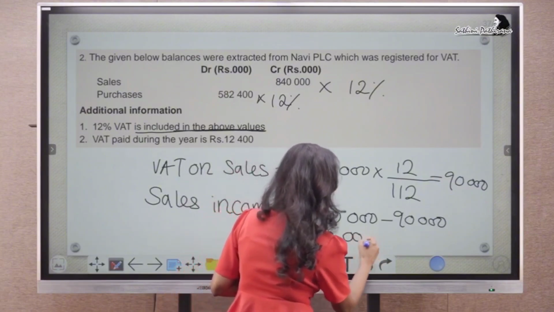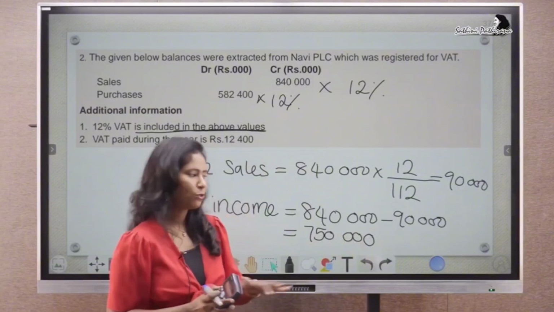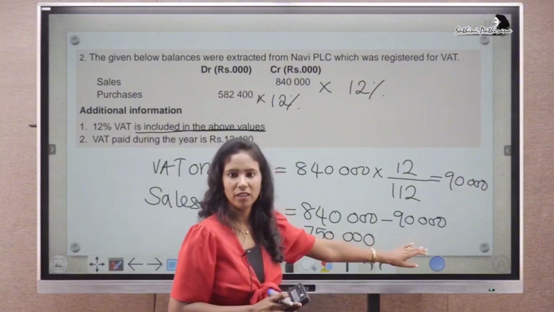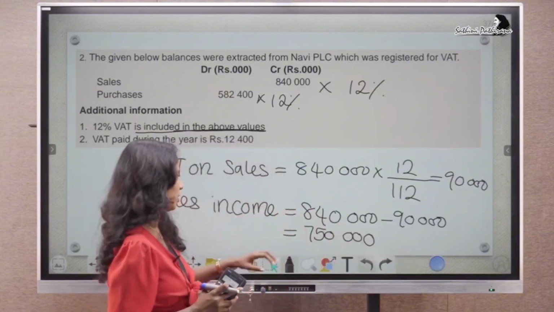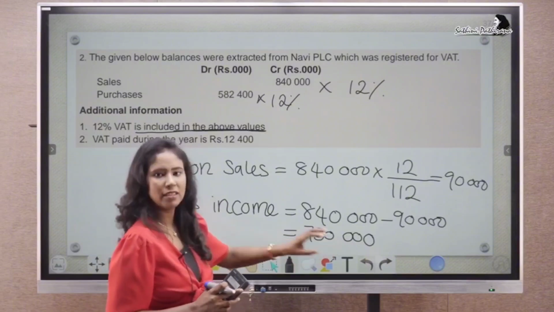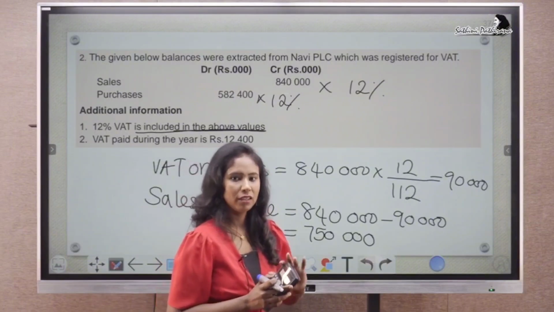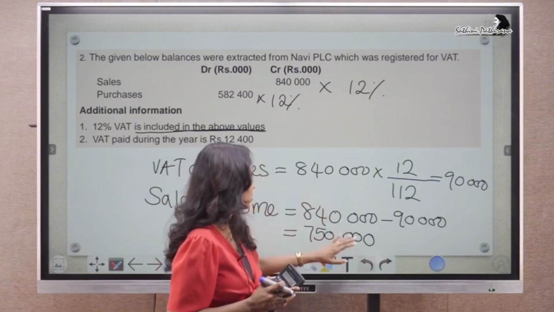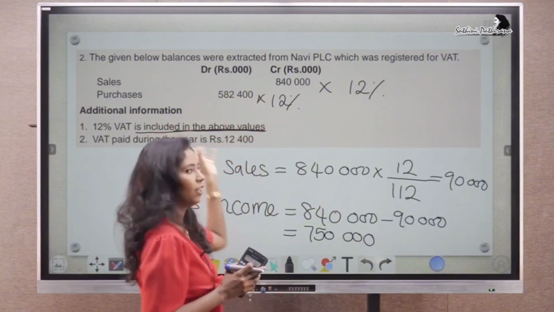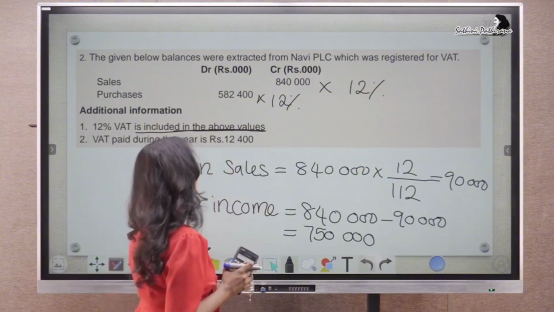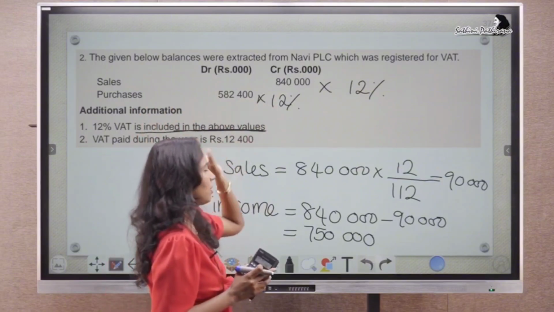So 750,000 is the actual sales income and 90,000 is VAT. In our previous question, we were given the sales amount like this, and based on that we calculated 10%. But in this question, we were given the total amount including VAT, that is 840.